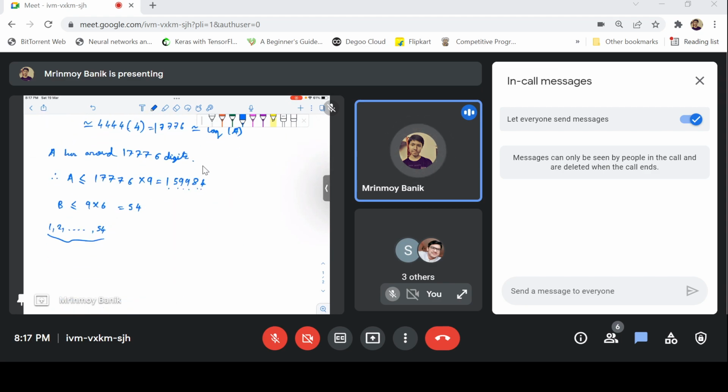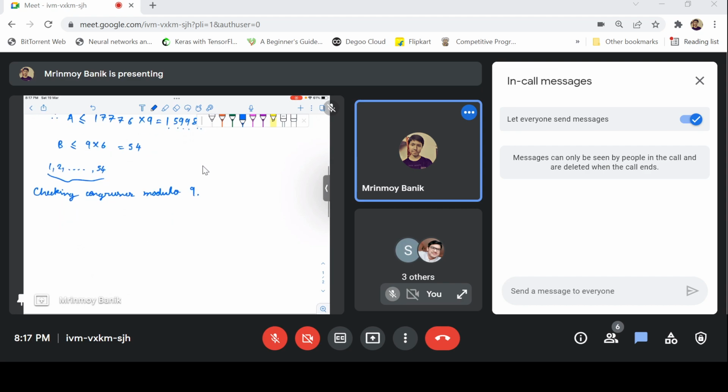You can use any number. Let's start with 9. So checking congruences modulo 9.